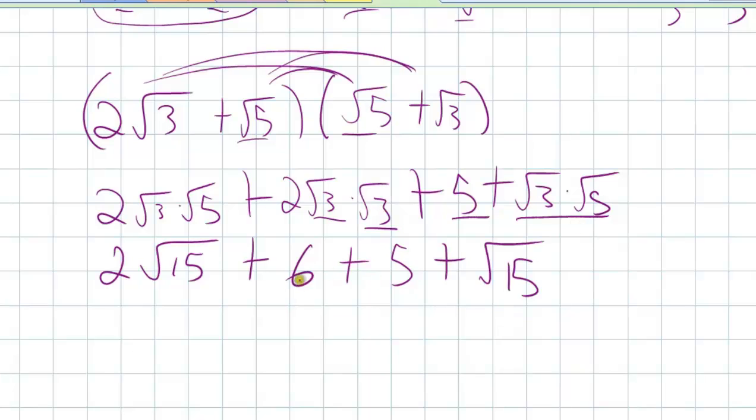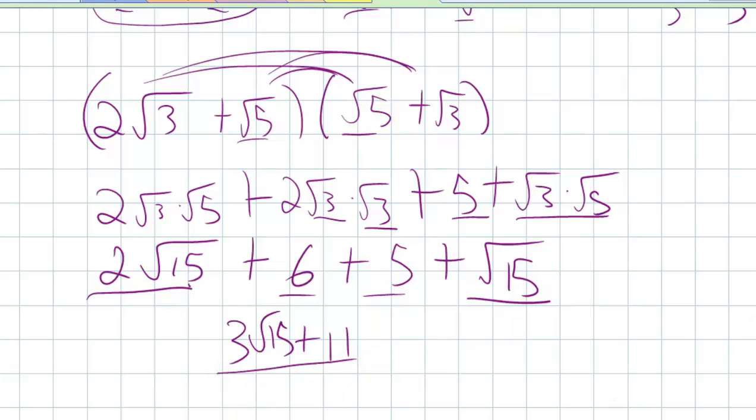Well, let's combine like terms. Okay, 6 plus 5 is 11, okay? And then here's 2 root 15 and root 15. That combines, and so I'm just going to get rid of that one over here. So that's 3 root 15, right? If I have 2 root 15s and 1 more root 15, I have 3 root 15s, okay?